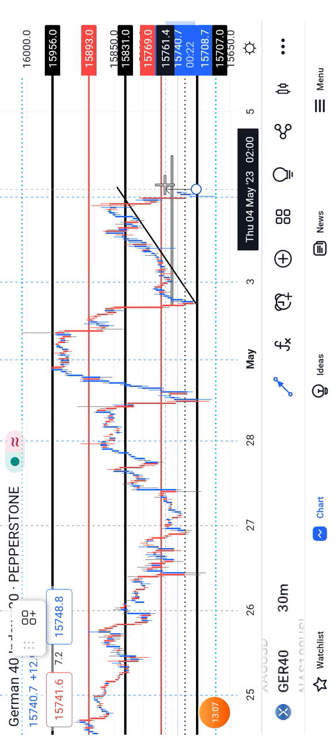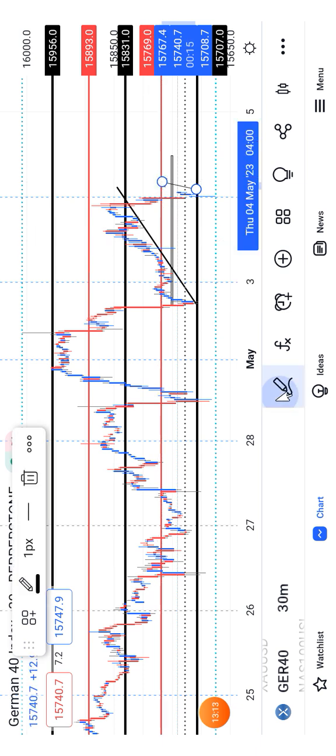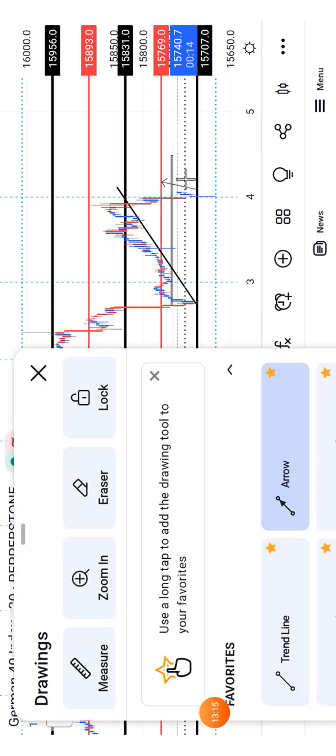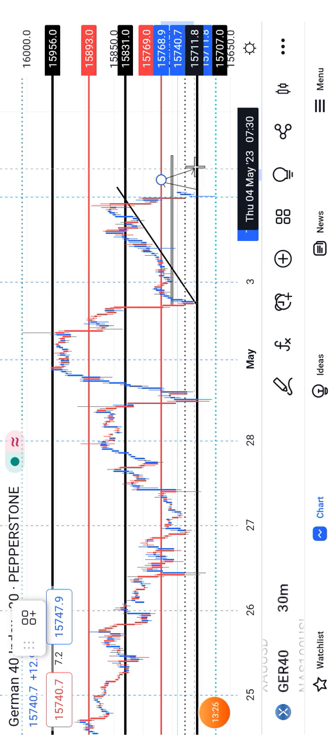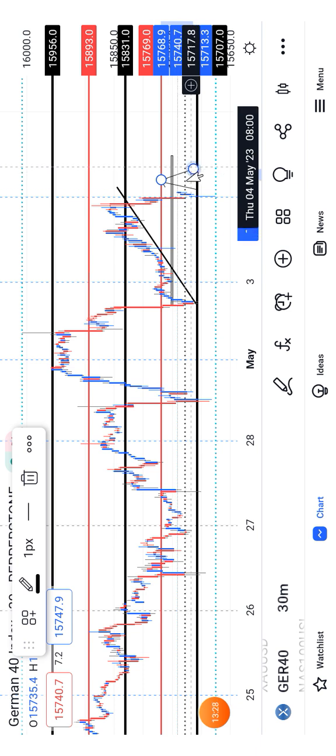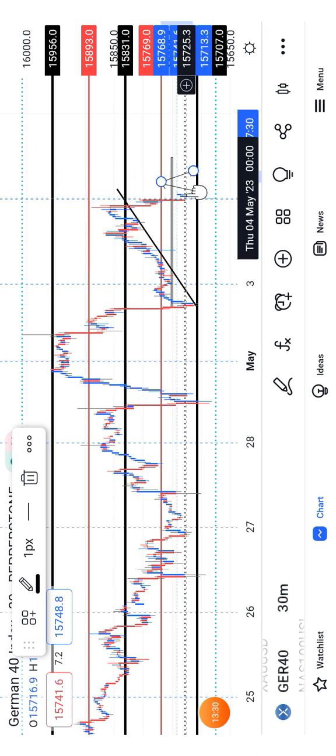So this is where we're gonna come and make a retest here, and then we need to form some kind of a W or a double bottom right there before we continue to go all the way down. Since we broke the intraday, this is where the market closed yesterday, and this is where we are right now.